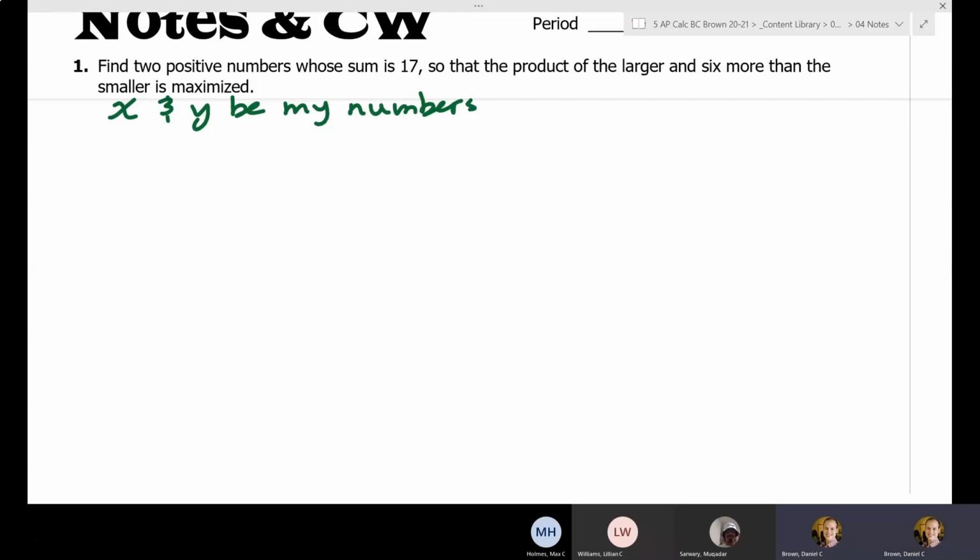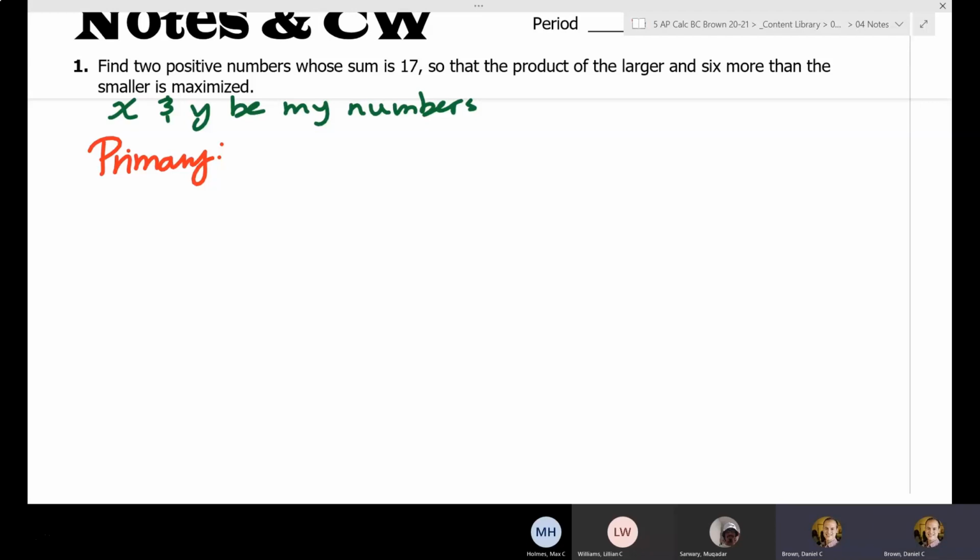So first off, we know that our primary equation is going to be what you are maximizing or minimizing. In this problem, what are we trying to maximize or minimize? The product. So the one that we will eventually take the derivative of is going to be some equation representing a product.